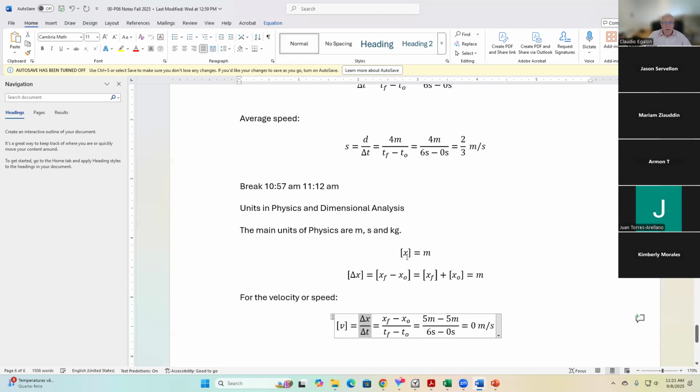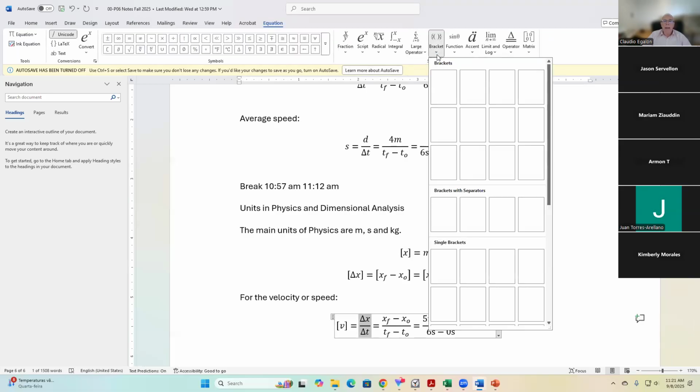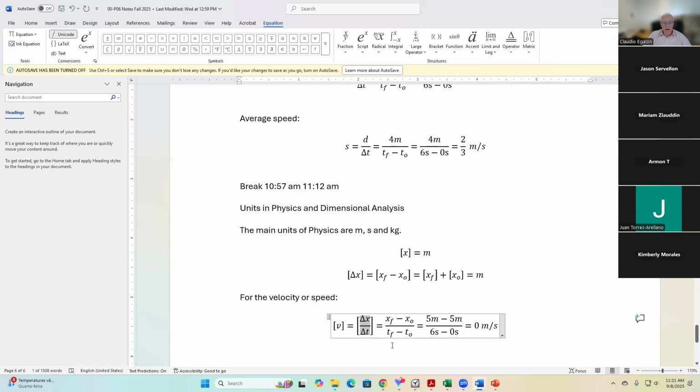We do the same for delta x over delta t. We can separate the unit of delta x over the unit of delta t.